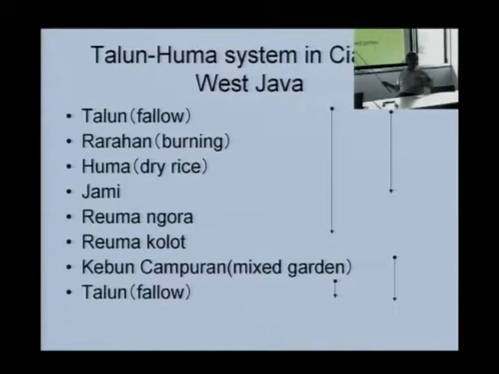But if people go back to the land only 10 years later or 5 years later, easily the fertility of the soil decreases, and the land will be covered by imperata, or in Indonesia that is named alang-alang. So the land becomes unproductive. That is a common phenomenon. We find so many alang-alang areas in Sumatra.